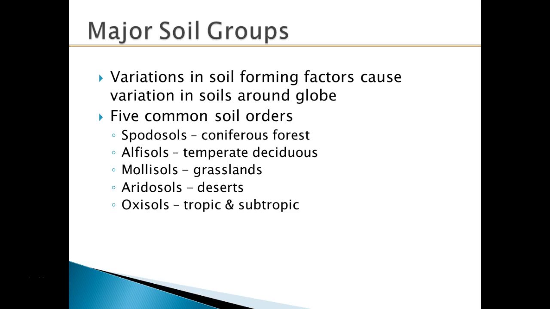But these are ones that are very, very common, and you can kind of liken them to these different biomes, just to give you an idea, because in your biome chart, you should have done soil composition. I think that was one of the categories that you had to do.